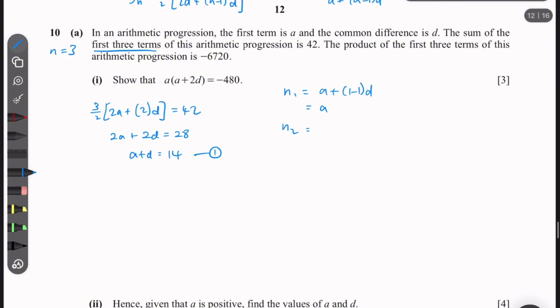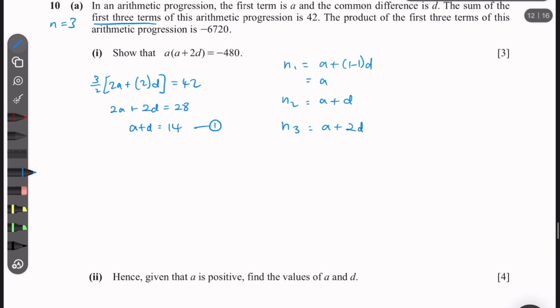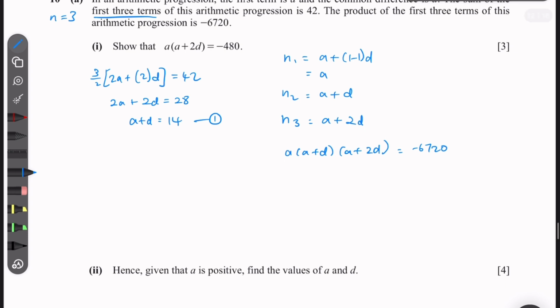When n is 2, it's a plus d. And when n is 3, it's a plus 2d. And so the product means they're all multiplied together to equal minus 6720.